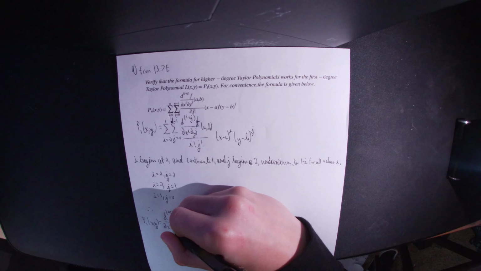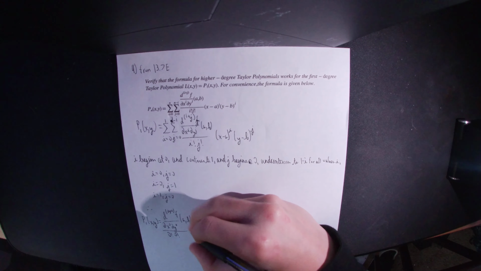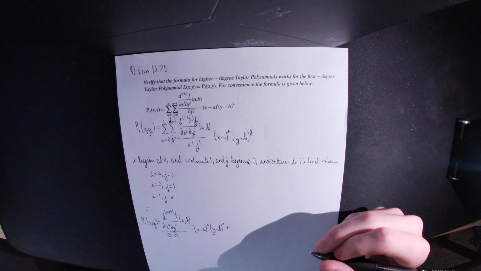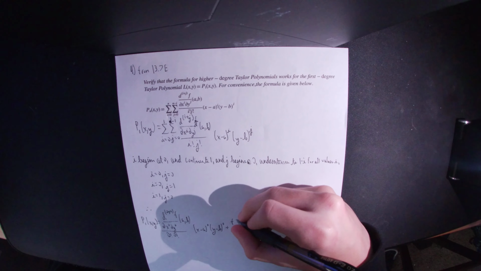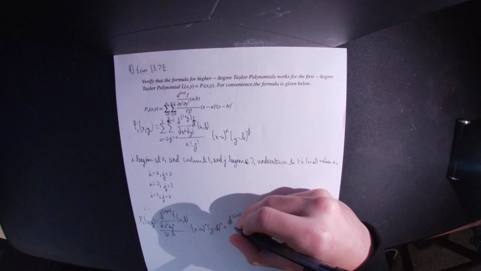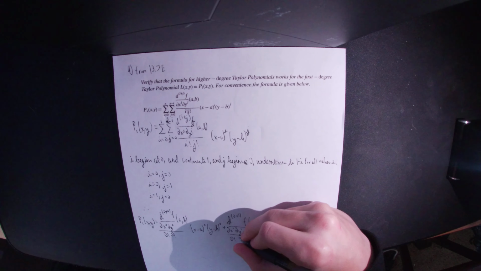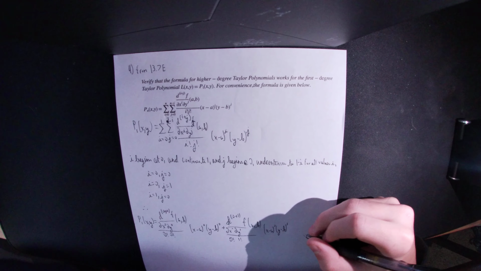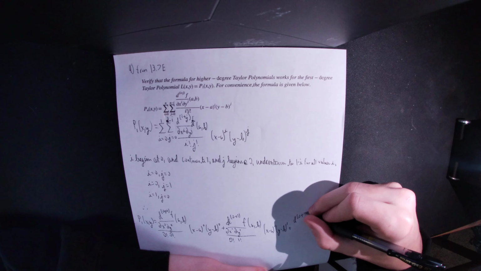Both the partials will also be to the power of 0 over 0 factorial times x minus a to 0, y minus b to 0, plus, where i is still 0, j is 1, d of 0 plus 1 f of a, b over dx to 0, partial of y to 1, over 0 factorial 1 factorial, x minus a to 0, y minus b to the 1, and the same thing again, but instead of y or j being to the 1, it is x to the 1.